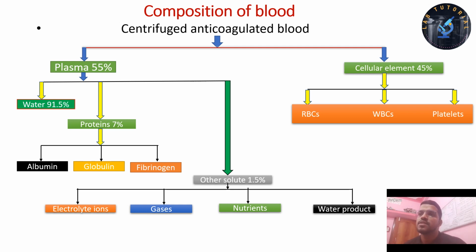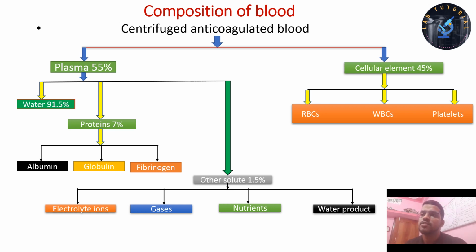Globulin has different types of chains, known as alpha, beta, gamma and delta. The gamma globulin produces antibodies in your body. Electrolyte ions include sodium, potassium, calcium, magnesium.